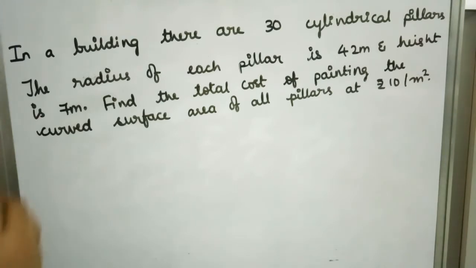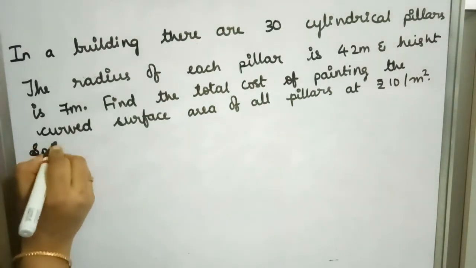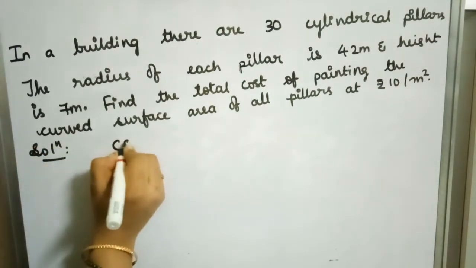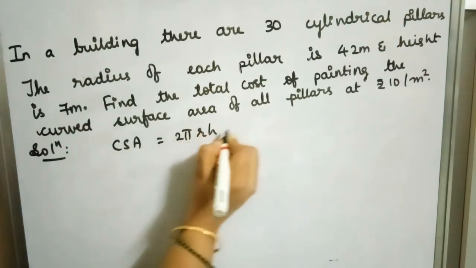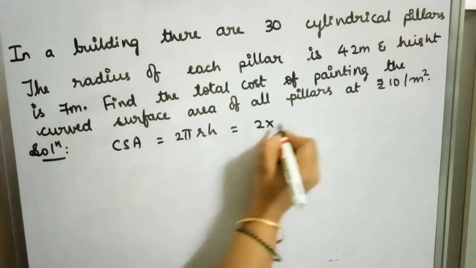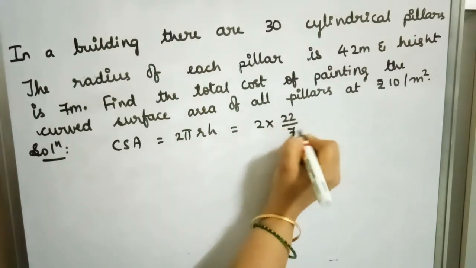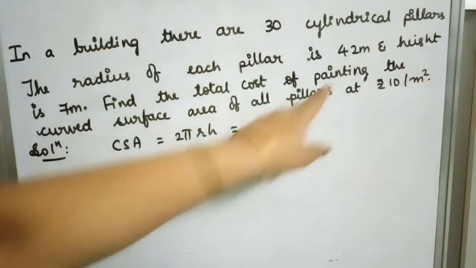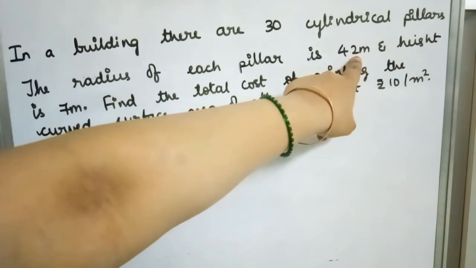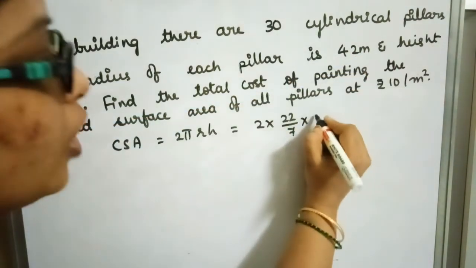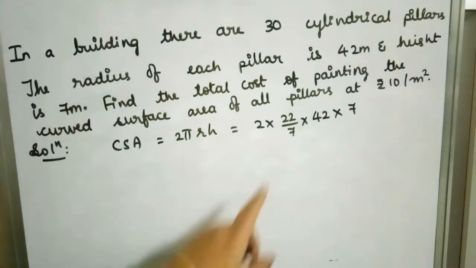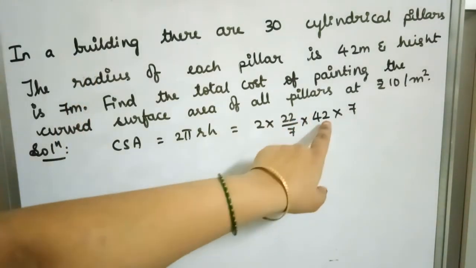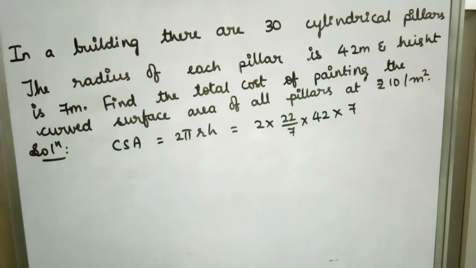pillar. We know that curved surface area of a cylinder is equal to 2 pi RH. So 2 into 22 by 7 is the value of pi and the R value here is radius. So the radius is 42 meters into height 7. So here 2 into 22 by 7 into 42 into 7. So we have to check for any possible cancellations.